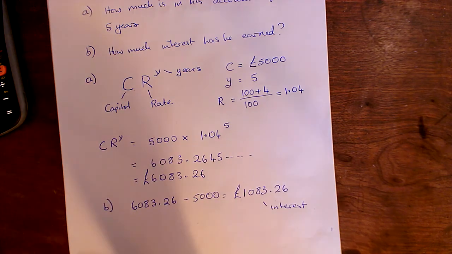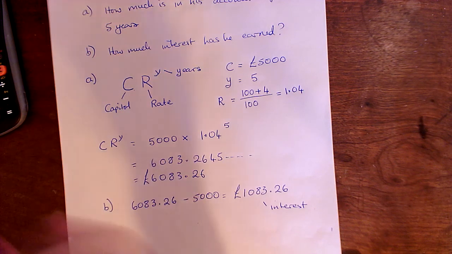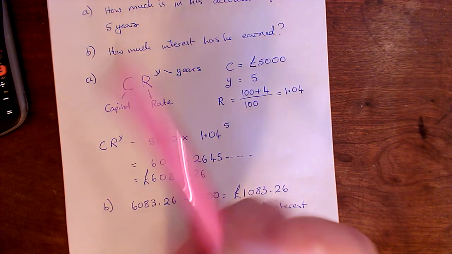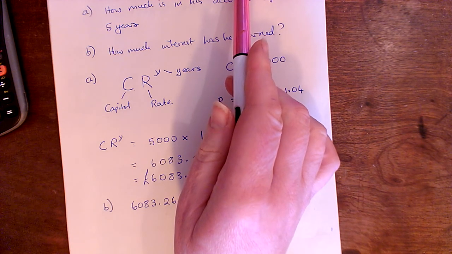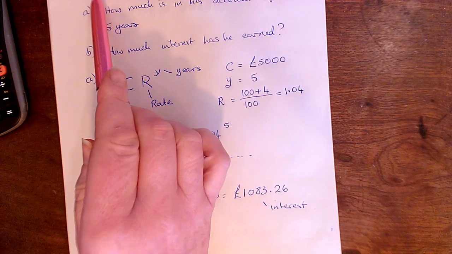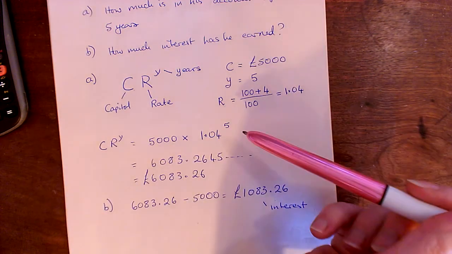Now, the same mathematical technique can be used anywhere where you're applying the same percentage over and over again. So this could have been a question about a car that cost £5,000 and increased in value by 4% every year, in which case the calculation would have been the same.